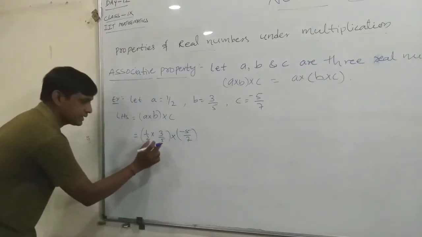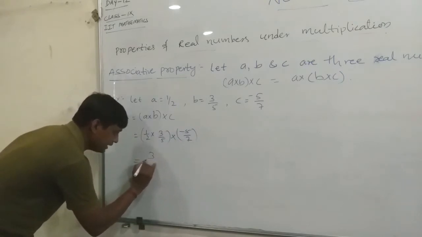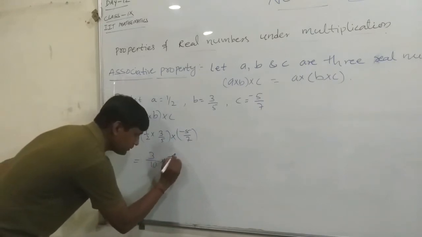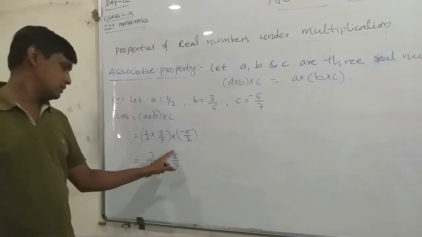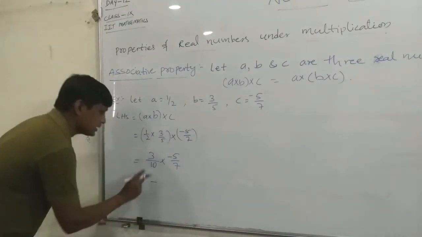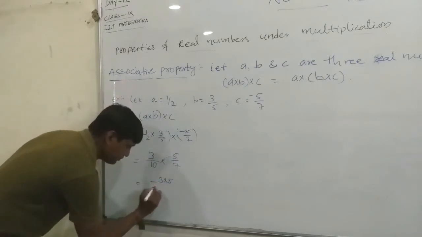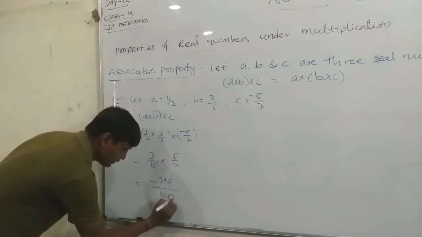Now I am going to simplify this bracket. Multiply the numerators, 1 into 3 is 3 and 2 into 5 is 10, into minus 5 by 7. So one is positive and one is negative. Now plus into minus is minus. Multiply the numerators, 3 into 5 is 15, and plus into plus is plus, 10 into 7 is 70.